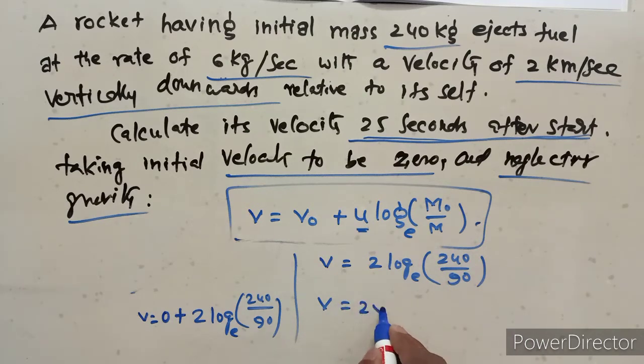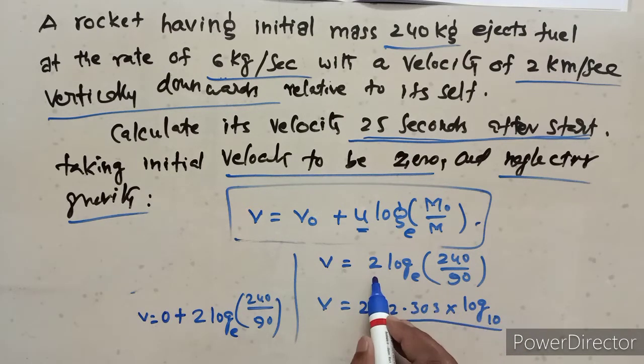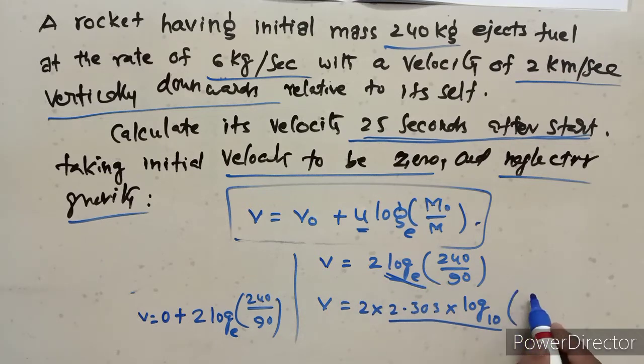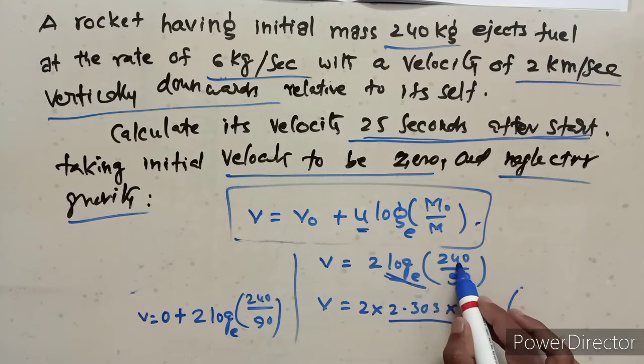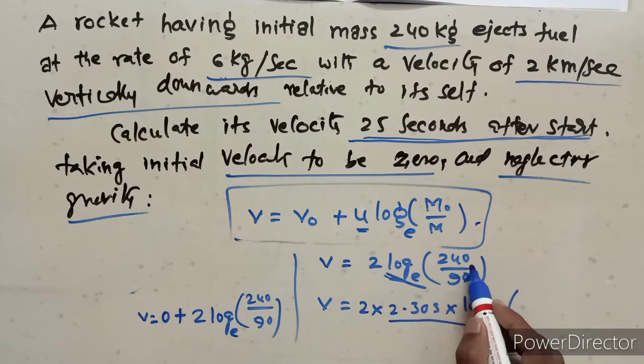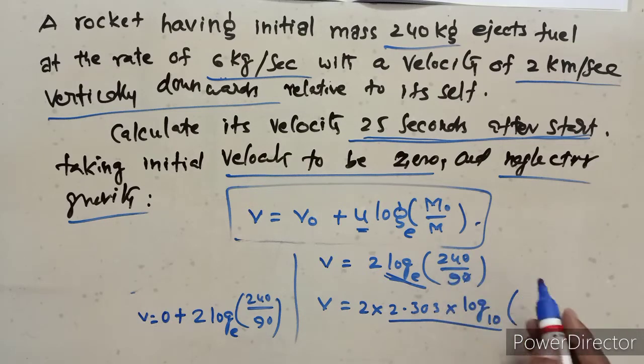Log to the base e is converted into log to the base 10, where the coefficient is 2.303.